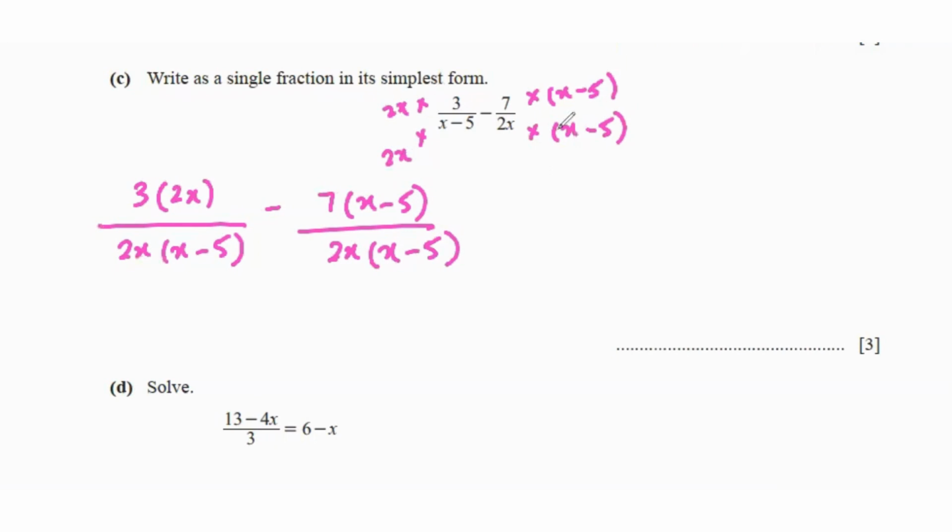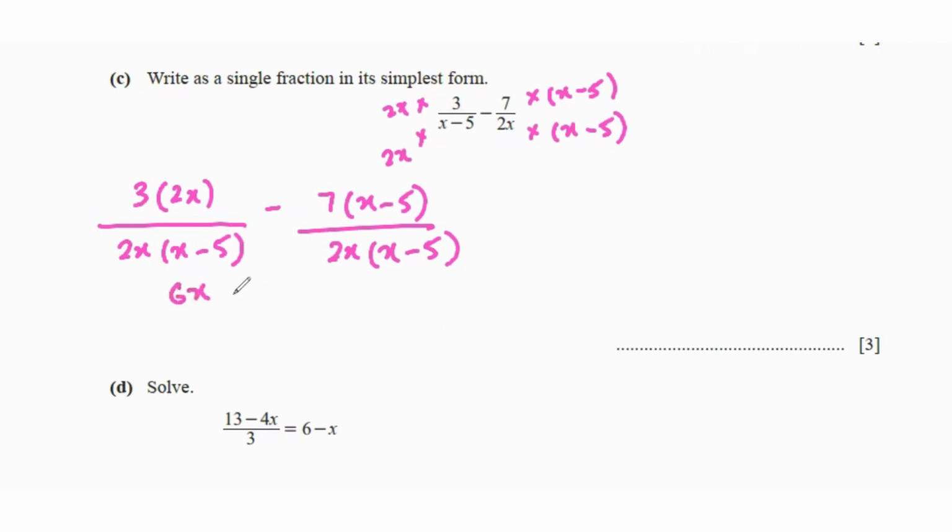Always remember, when we're adding or subtracting unlike denominators, we have to make the denominators equal. To make them equal, we multiply both fractions by the denominator of the other fraction. That's why the first fraction got multiplied by 2x, which was the denominator of the second fraction. And the second fraction got multiplied by x minus 5, which was the denominator of the first fraction.